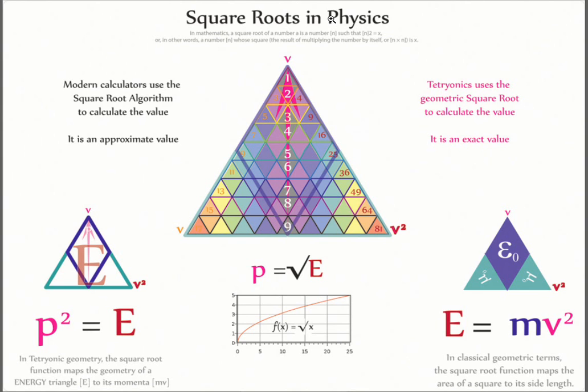But at all times we have to be careful not to use classical interpretations of the math or graphing as shown here. In this case, the square root function is shown as a curving line, whereas in Tetryonics it's shown as simply the amplitude or the height of any of the scalar EM energy momenta.